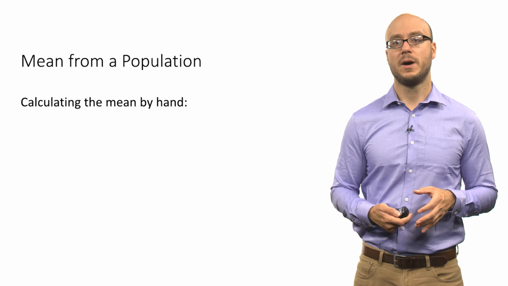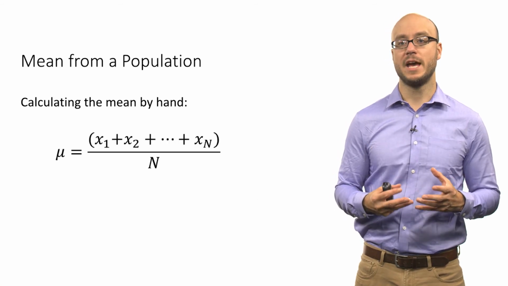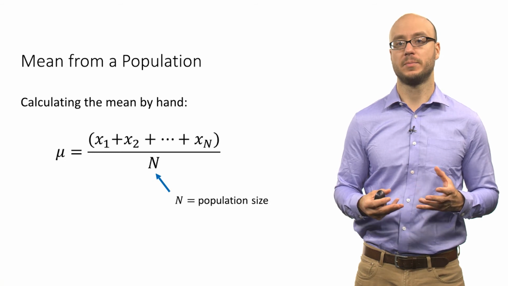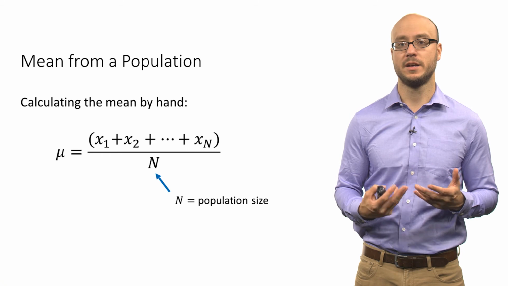The mean from a population has a slightly different notation. We use capital N to refer to the size of a population. It's the total number of observations or data points in a population. So if you conduct a census of the United States today, the population is roughly 320, 330 million.